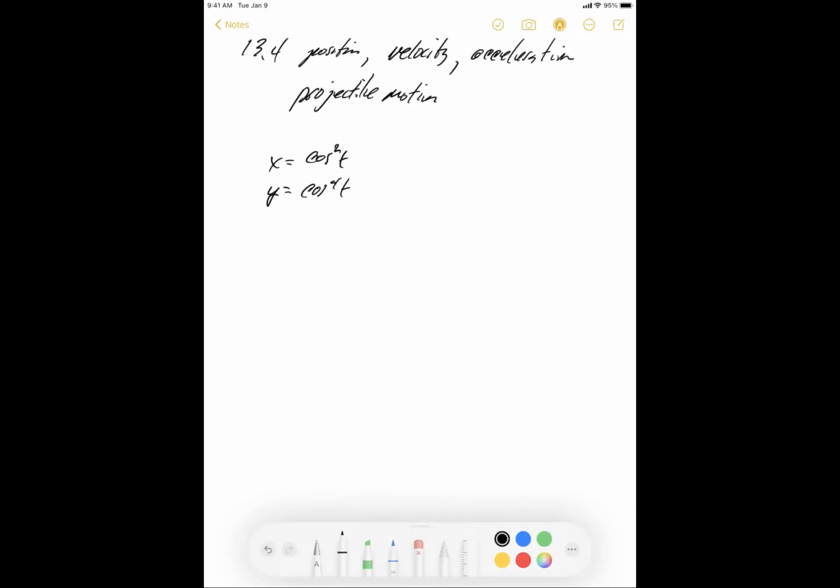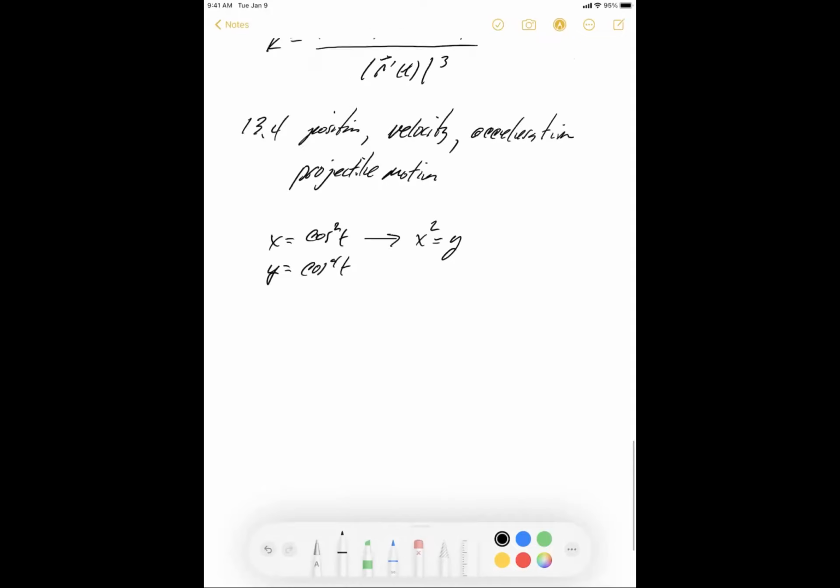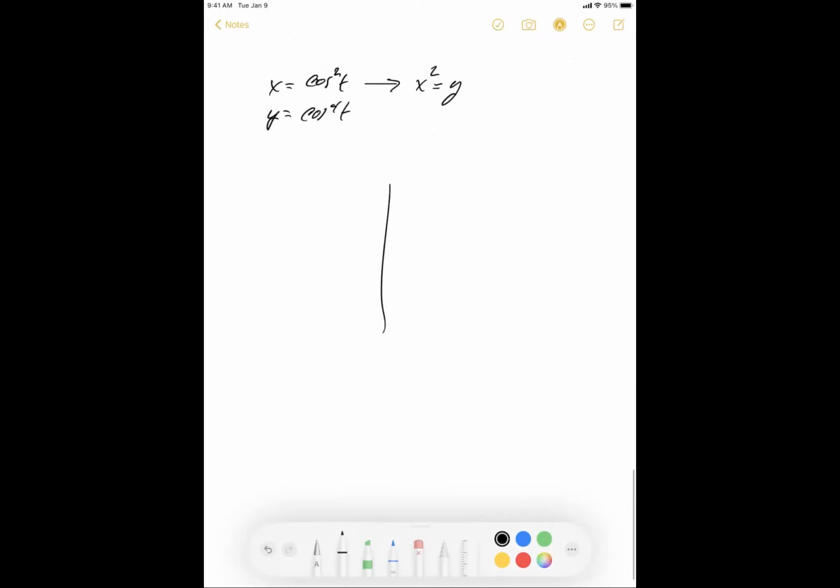And then if you square the top one, what you get is that x squared equals y. So the graph is a parabola, or maybe I should say it's really a portion of the parabola. So let's first draw the parabola.